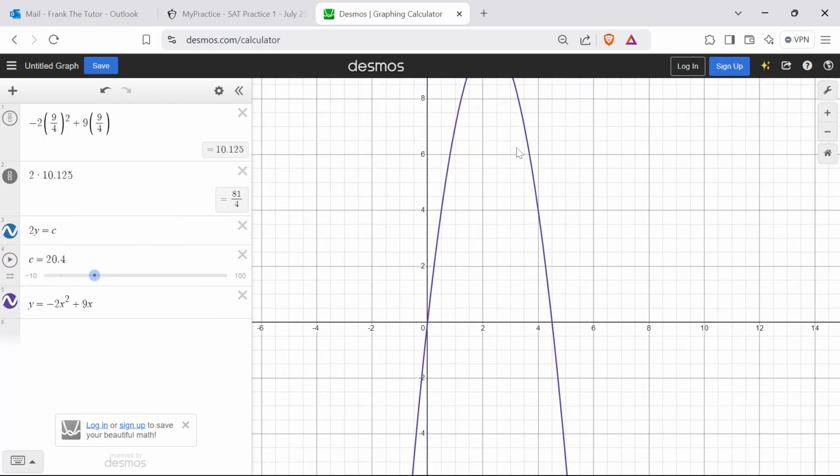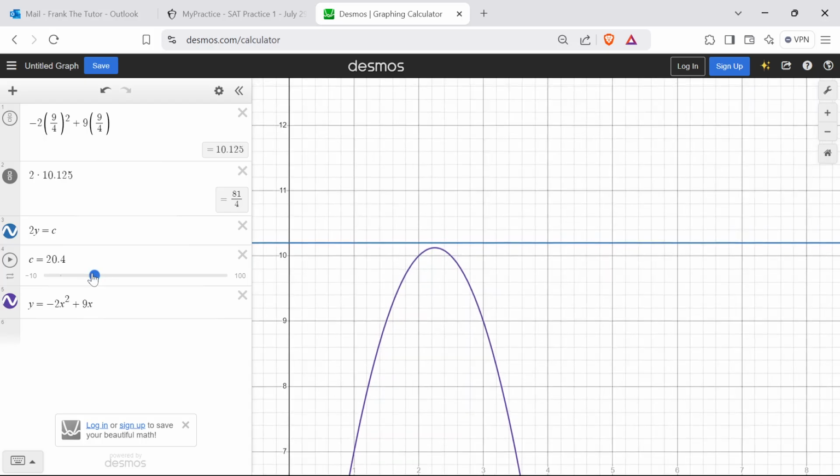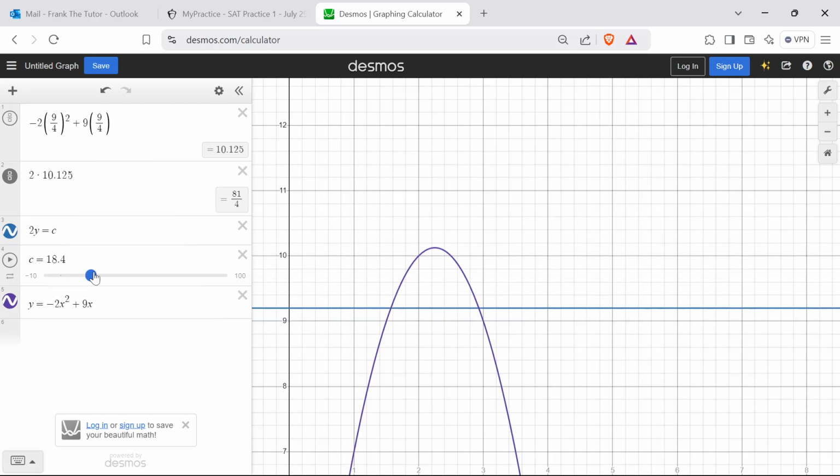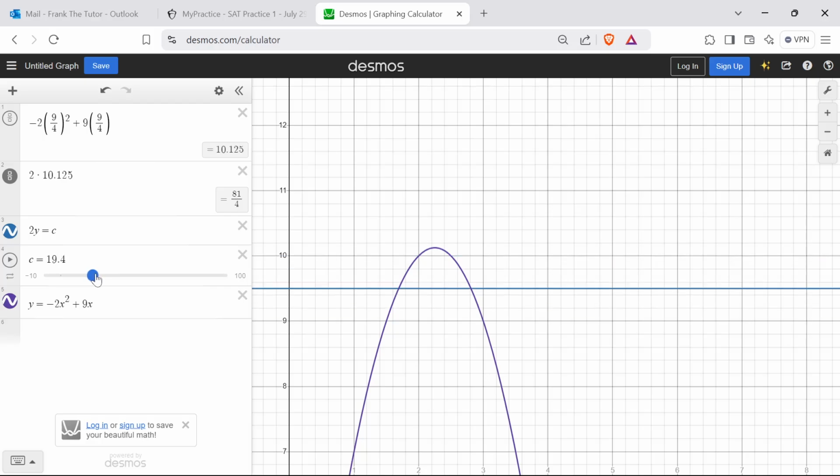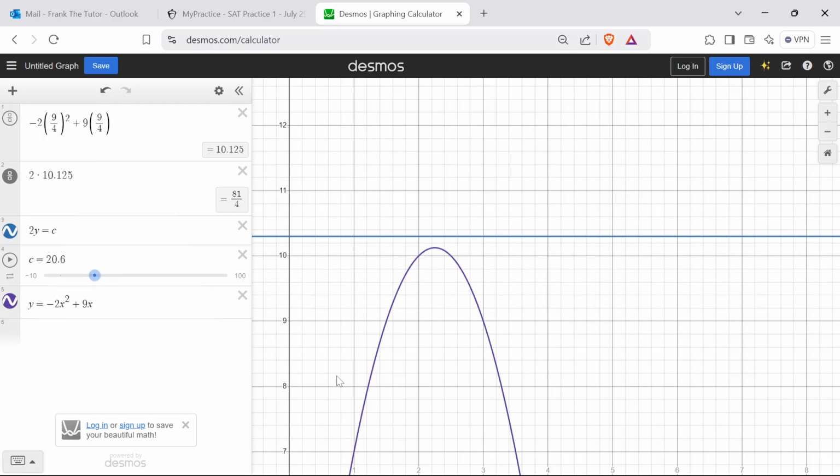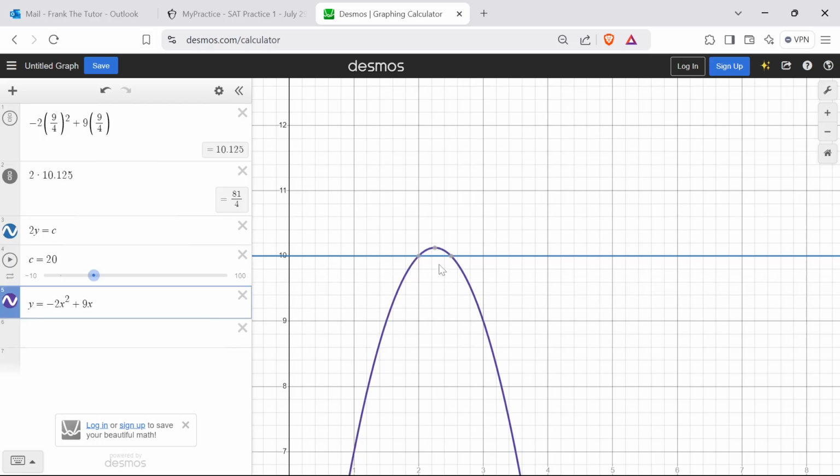And this is odd because no matter how I move this slider, I can't get it to touch the vertex. Even if I make the step really tiny, I still cannot get it to touch that vertex. But at this point, it would be enough to tell me it is the vertex.